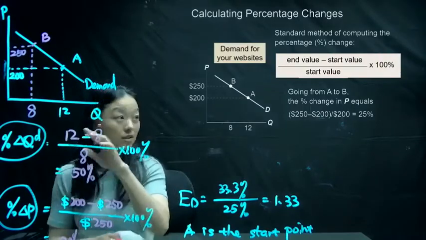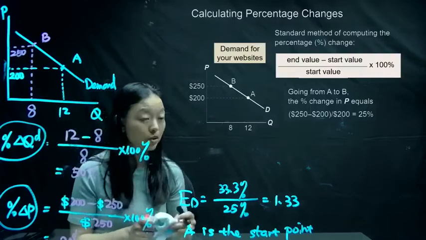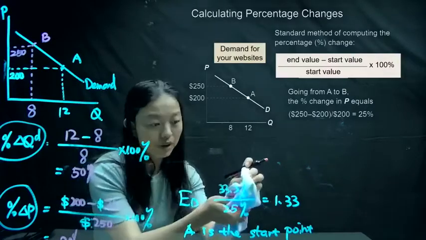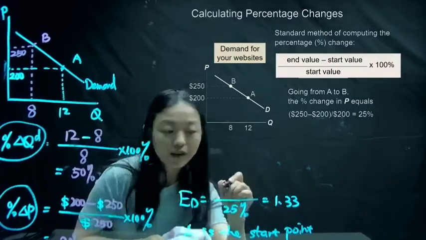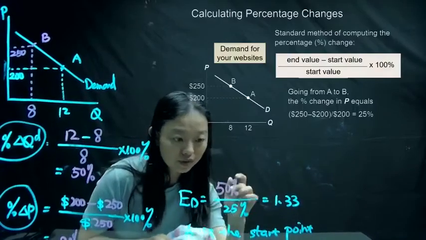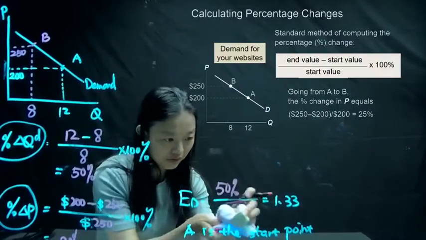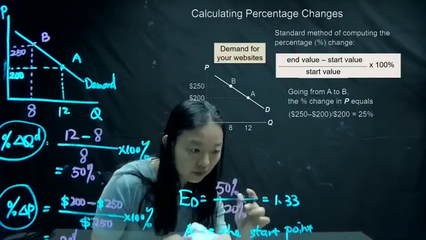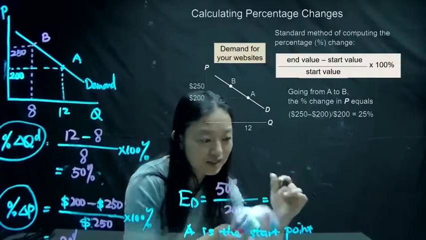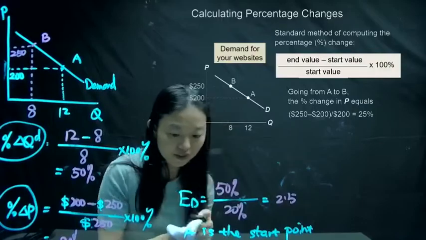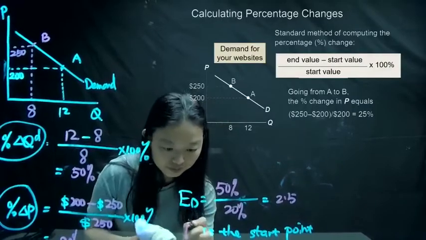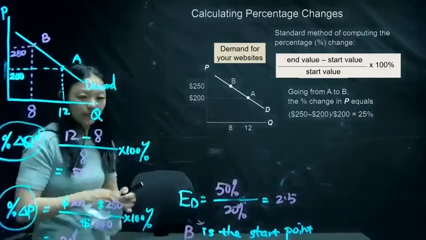Then based on B as the start point, the price elasticity will use 50% divided by 20, and this will give us a price elasticity equal to 2.5, because B is the start point.